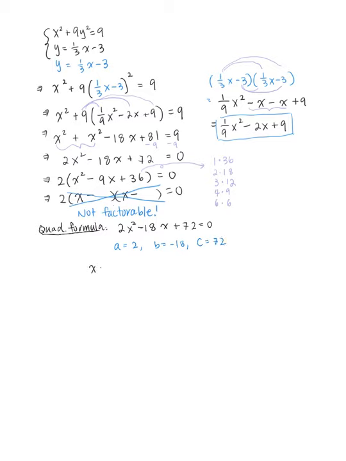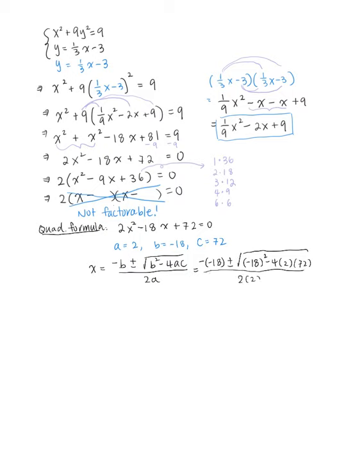So our x is going to be minus b, plus or minus the square root of b squared minus 4ac, whole thing divided by 2a. All right, let's plug and chug. This is going to be minus 18, so it's going to be positive 18. I'll just write every step out. And then plus or minus the square root of negative 18 squared, and then 4 times a is 2 times c is 72. Whole thing divided by 2 times a, so 2 times 2.